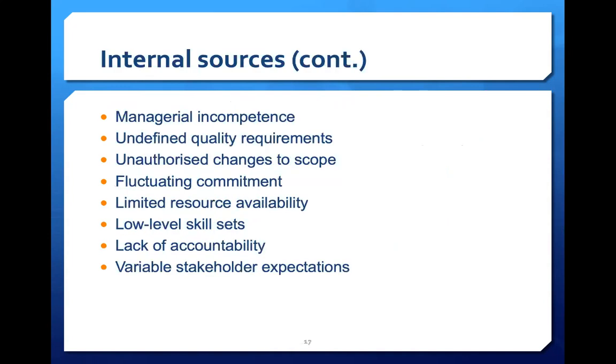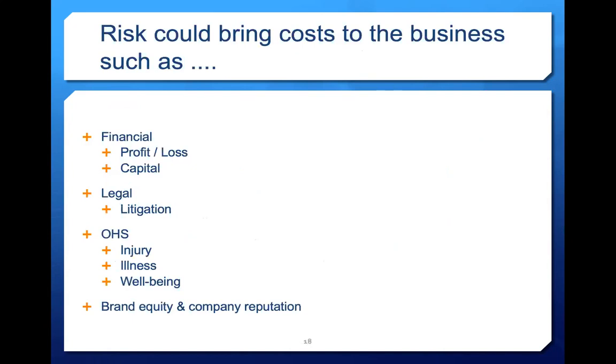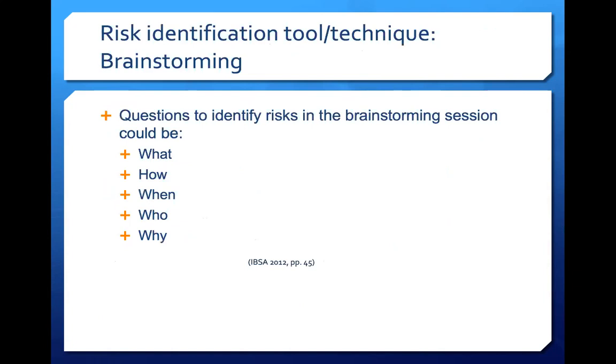Managerial incompetence is another one, so we need to keep monitoring our team members and provide them with support to ensure that they keep their competency. And risk could bring costs to the business: financial, legal, WHS, work health and safety, brand equity, company reputation, and so on and so forth.